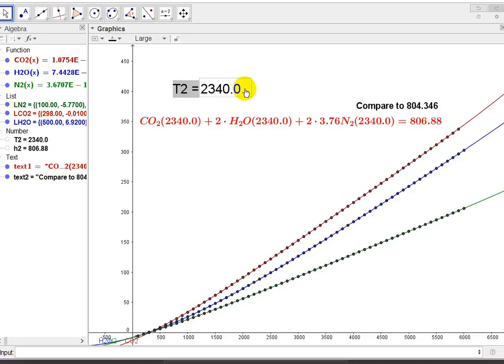How close is that? That's 806. That's just a little bit high. Let's try 2,335. That's 804.67. You can see that even though I'm essentially guessing the answer, one can intelligently guess quite quickly when you have tools like this.